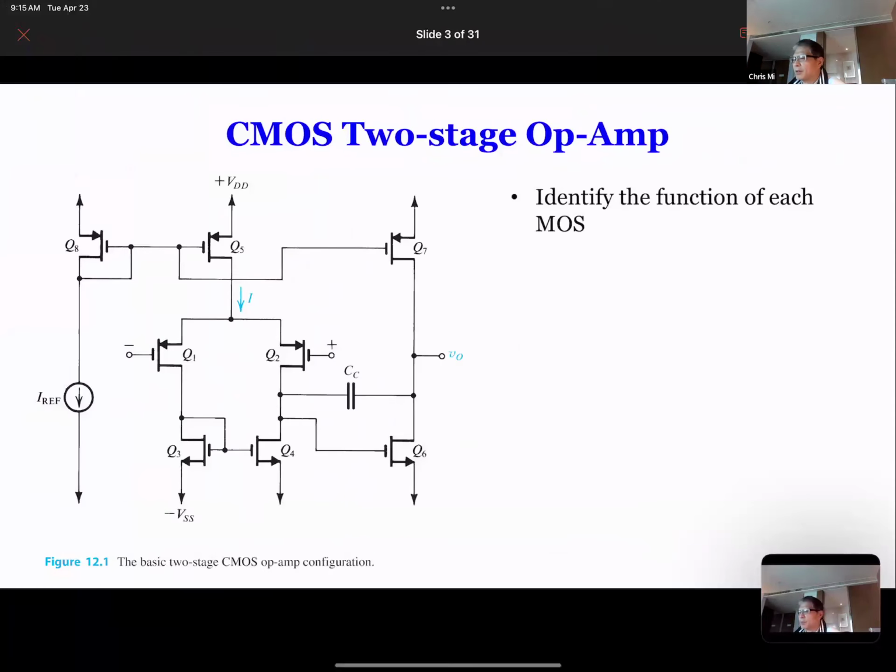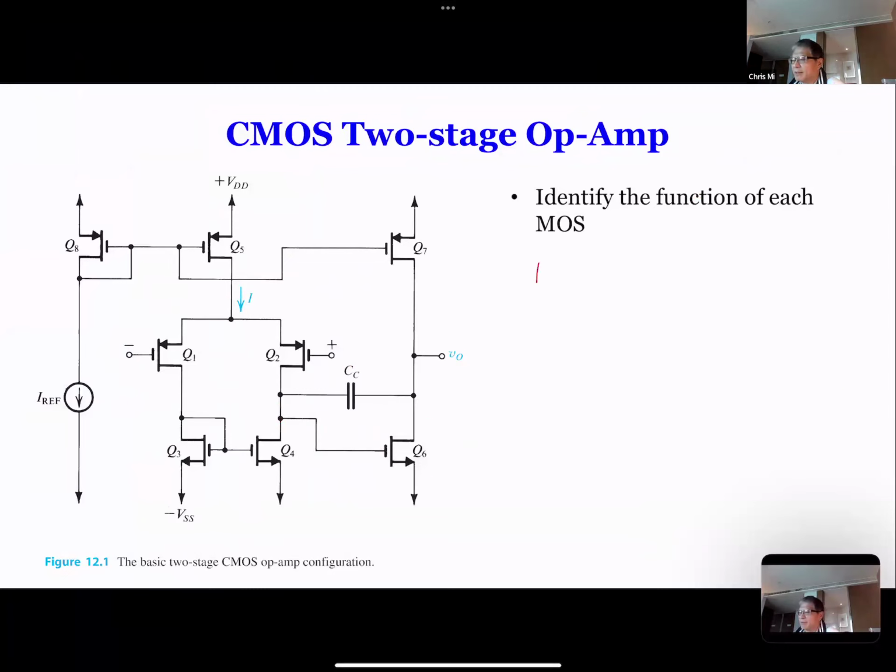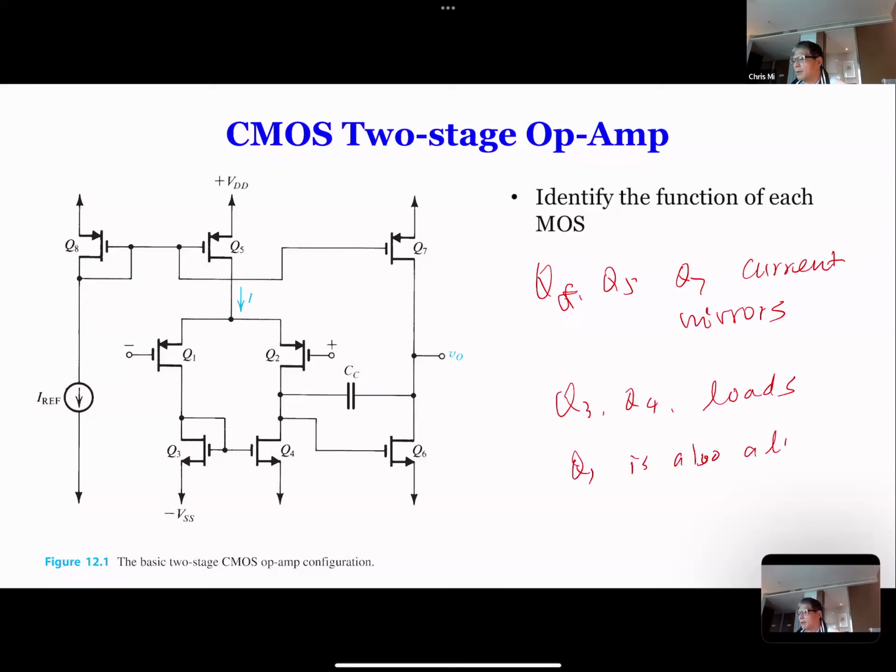the circuit. So the components, as we do this amplifier, we identify Q8, Q5, Q7 are current mirrors. Okay, and then we also identified Q3 and Q4 as loads, and Q7 is also a load.